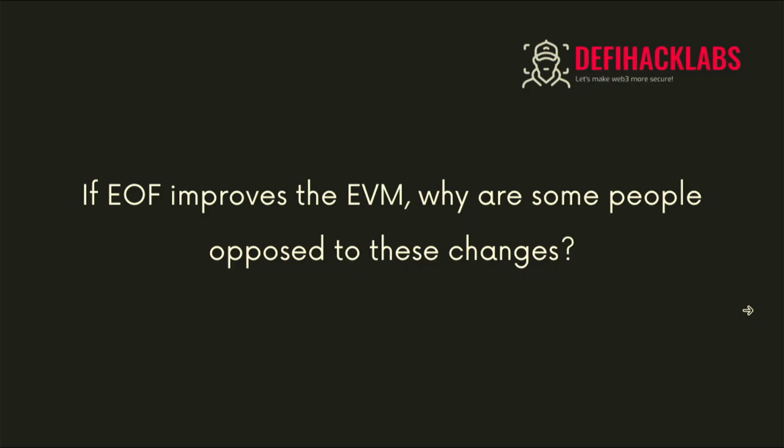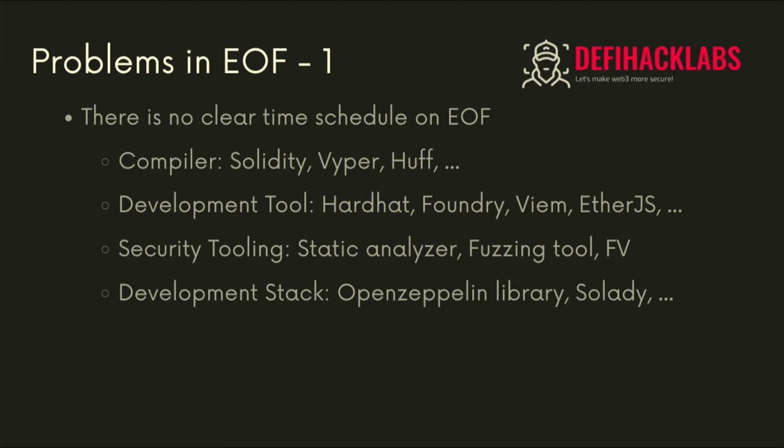If EOF improves the legacy EVM so much, why are some people still opposed to these changes? So let's talk about the problems in EOF. The first problem is that there's no clear time schedule for EOF. Here are some tooling and development stacks for the Ethereum ecosystem.